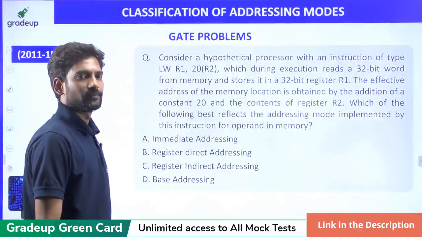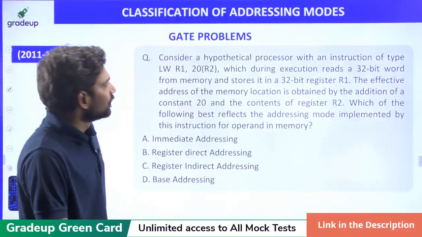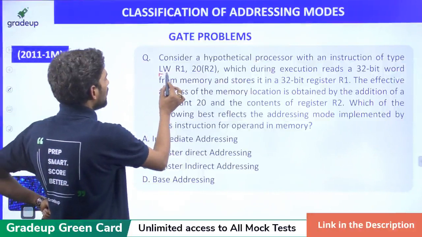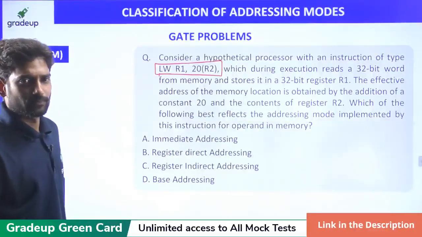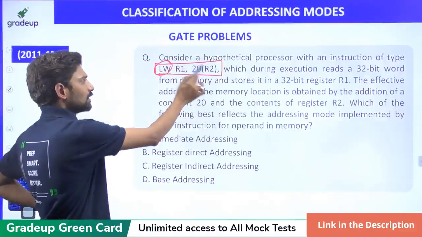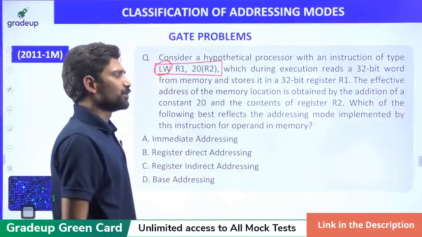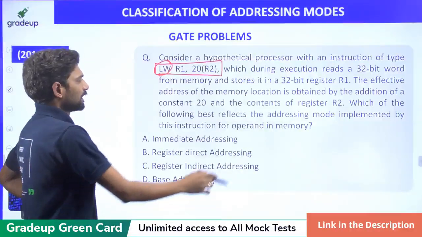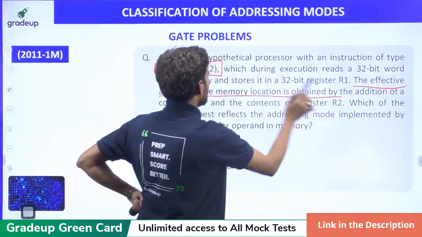Then, next question. Consider a processor with an instruction of type LW R1, 20 of R2. So there is an instruction with some opcode and two operands. Which operand is the memory location?